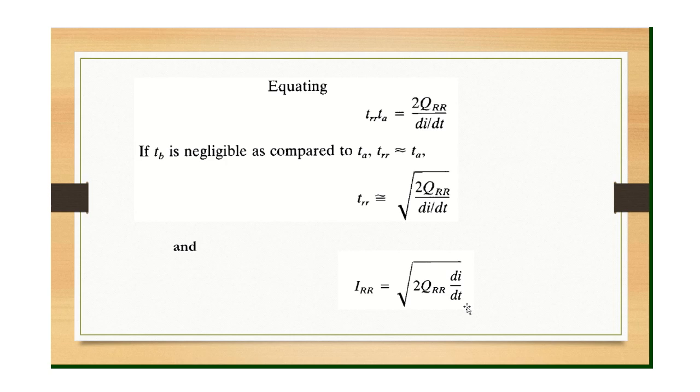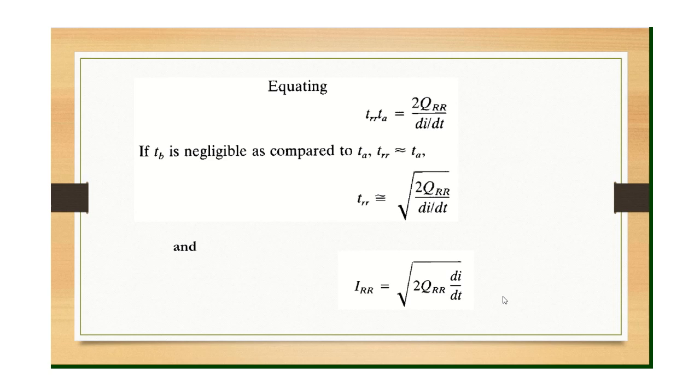So it's all because of the minority carriers or the charges that will be there at the junction even when the device is reverse biased. Okay, so after changeover from forward conduction to reverse conduction, because of those charges you have this reverse recovery time and reverse recovery current.